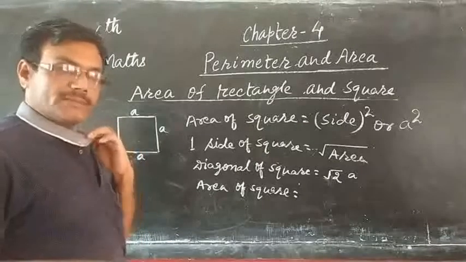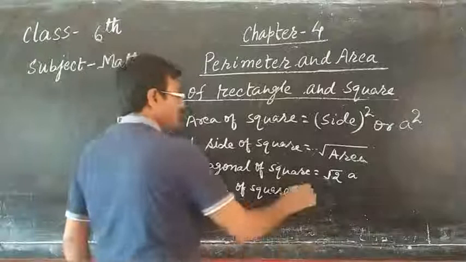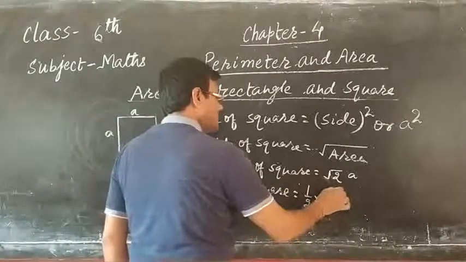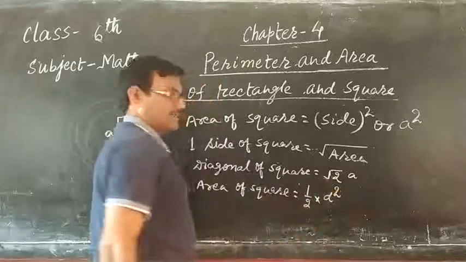If diagonal has been given, it will be 1 by 2 into diagonal square.